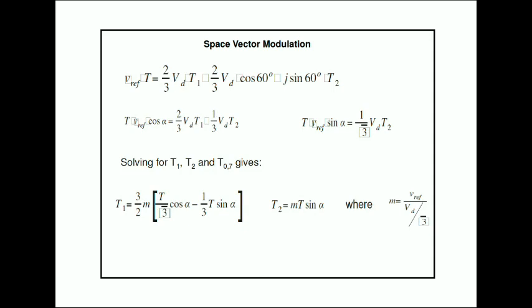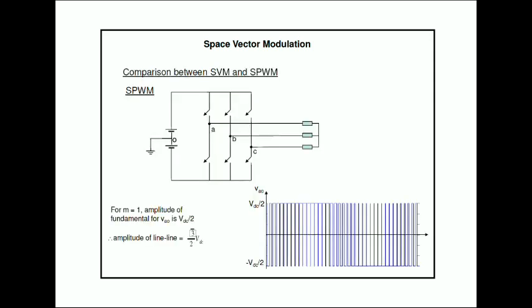T1 and T2. So if you are getting T1 and T2, then that particular vector you can make by that combination. So there are two types of space vector modulation. One is SPWM and another one is SVM. That is, normal space vector modulation, what we are doing is we are just sampling it with a square waveform.